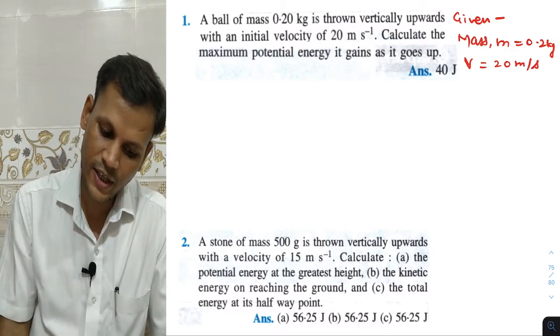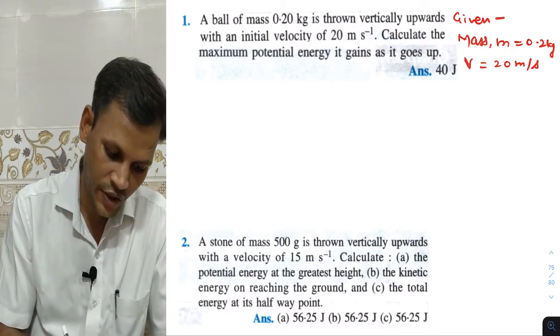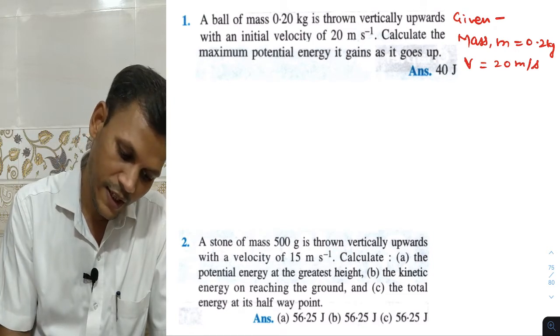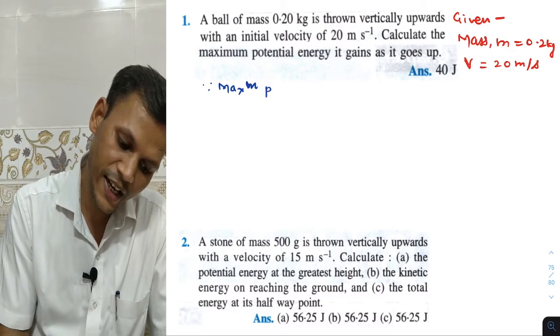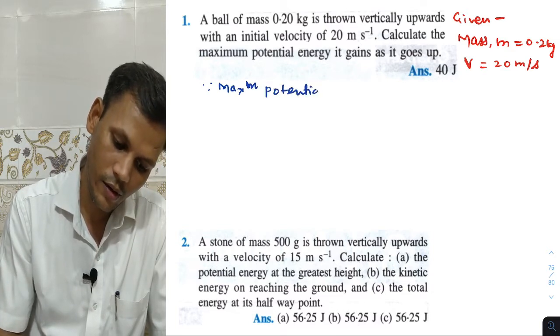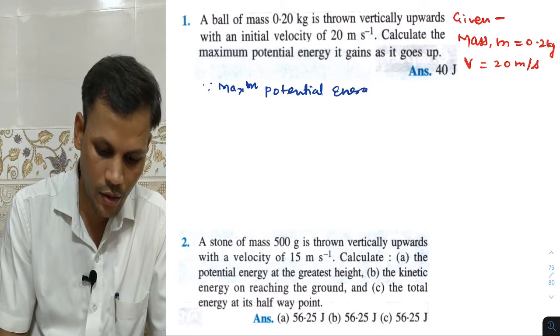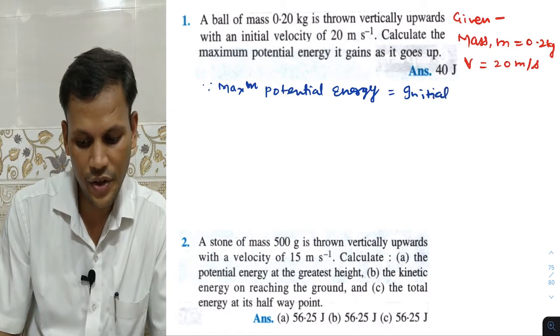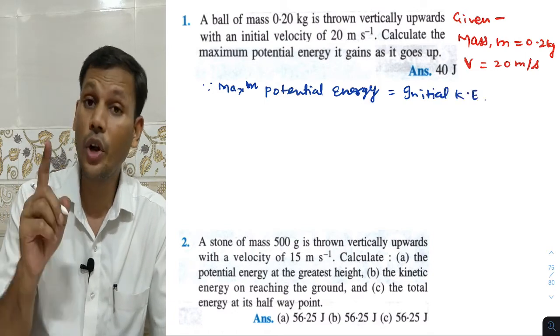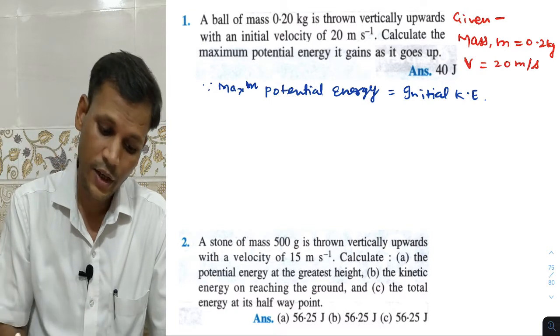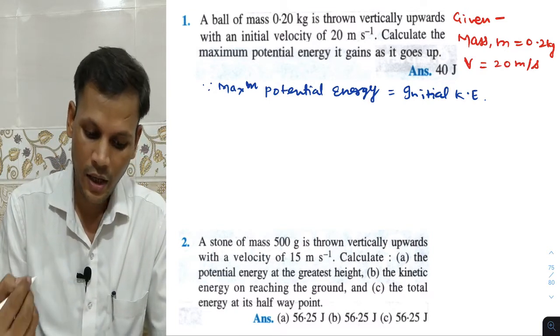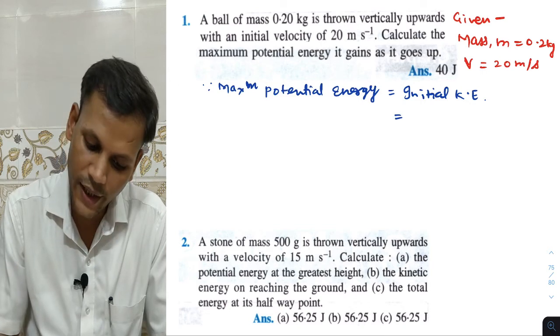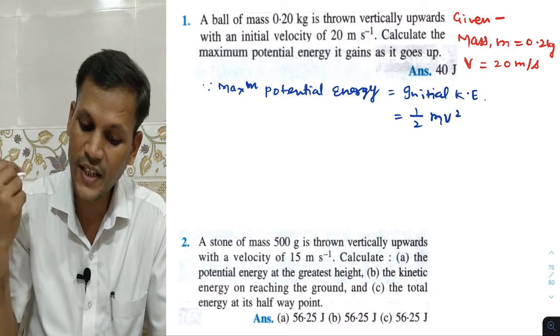So we can write, since maximum potential energy will be equal to initial kinetic energy according to the law of conservation of energy. Maximum potential energy is to be calculated, and initial kinetic energy will be half mv square, because the initial velocity we have taken as v.